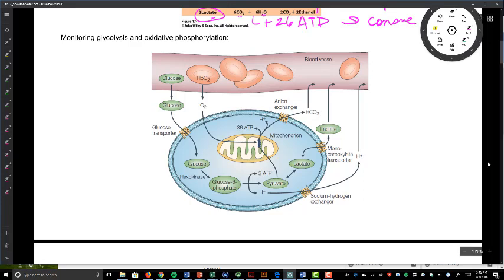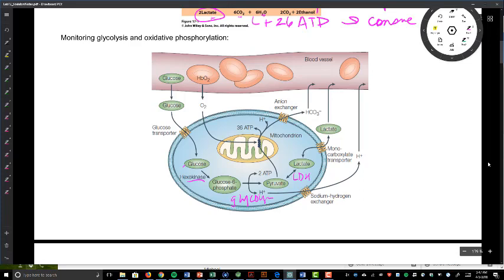So again, you can see here that to undergo glycolysis, which is going on in the cytoplasm, glucose must be taken up, and the first step of this process, converting from glucose to glucose 6-phosphate, is catalyzed by hexokinase. This in turn produces pyruvate. Pyruvate is converted to lactate by LDH, and then lactate is shuttled out of the cell.